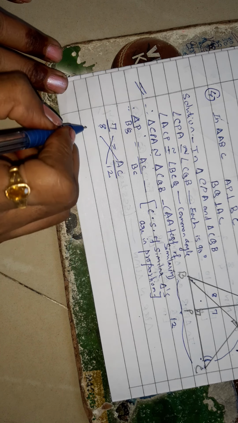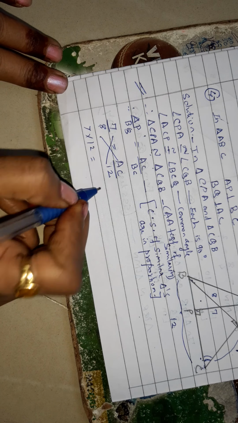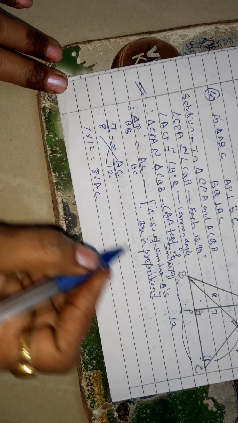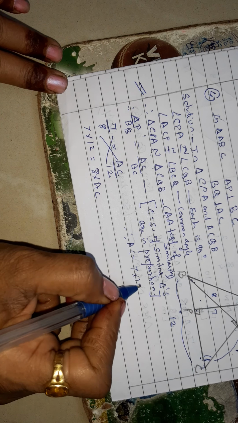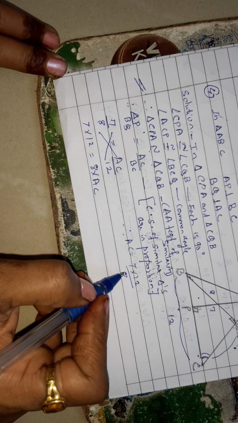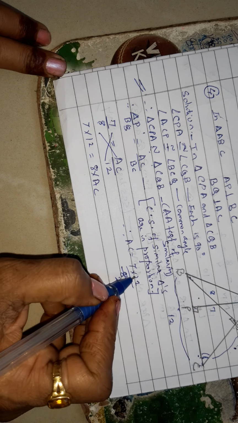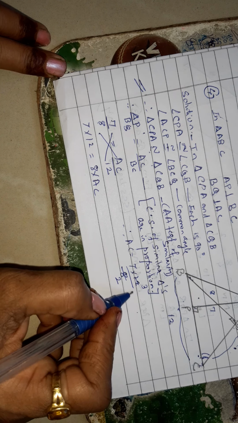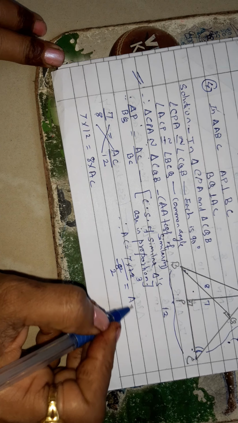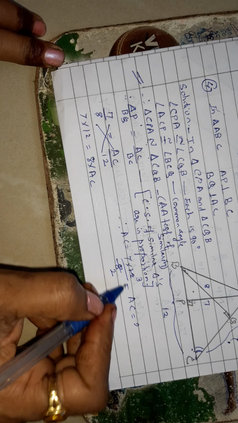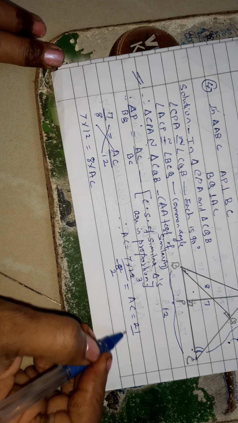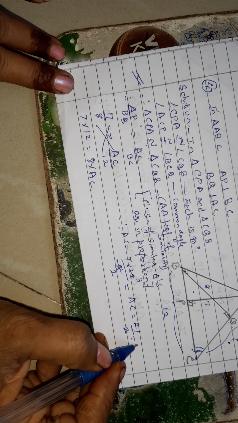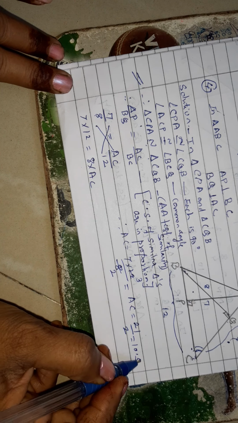Let us do cross multiplication. 7 into 12 is equal to 8 into AC. Therefore, AC is equal to 7 into 12 upon 8. Let's reduce it. 4 2s are 8, 4 3s are 12. So it will come AC is equal to 21 upon 2. So it is 10.5.